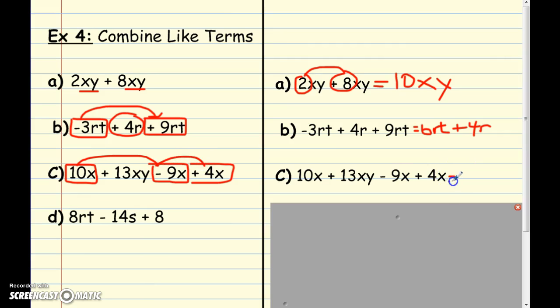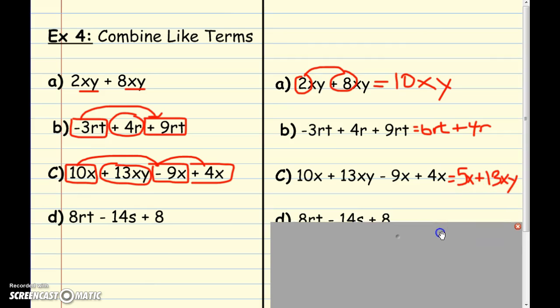So we know that we're going to have 5x. Again, keeping that exponent. And then here is 13xy. And we just keep it as is. Now, if there had been another xy in the line, then we would have done the same thing that we've been doing with all these other terms, paying attention to the coefficient and then combining them from there.